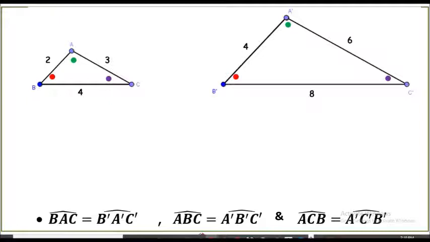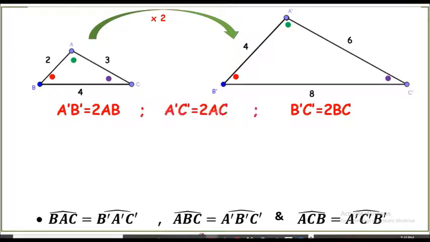This is not the only condition that I used to construct the triangle A'B'C'. I have another condition, which is that I have multiplied all the sides of the triangle ABC by 2. That is, A'B' is equal to 2 times AB, which is 2 times 2 equals 4. A'C' is equal to 2 AC, which is 2 times 3 cm, that is 6 cm.